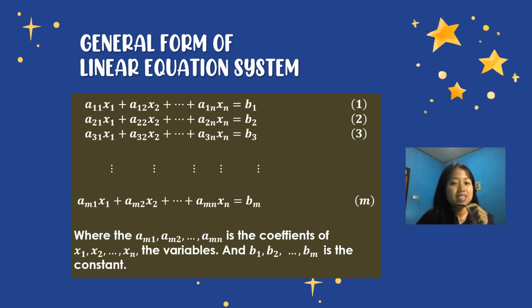So, a system of linear equation is said to be a system if it consists of similar linear equations, and the example on the slide is a one variable system of linear equation because it consists of one variable linear equations. Here there is only one variable, that is x.